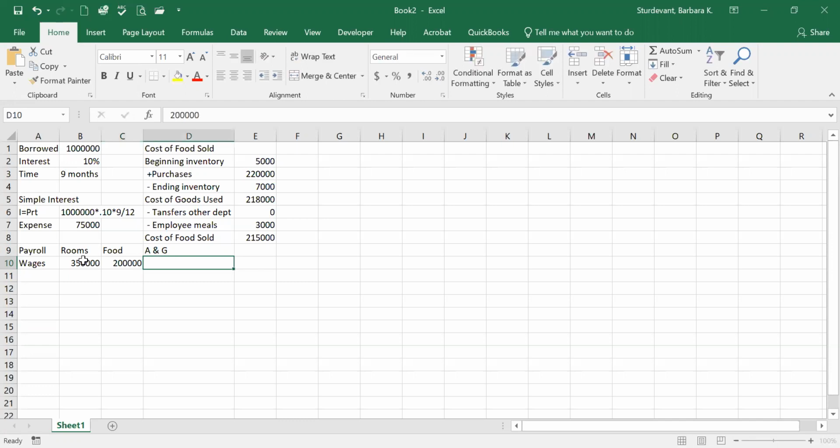And A&G is 100,000. Okay. So the next thing you're going to do is figure out in number 3, they tell us the benefits are 30%.